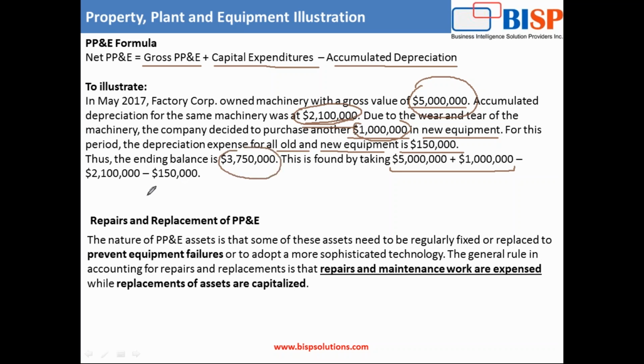3,750,000. In addition to this, as mentioned, there is a cost associated with repair and replacement of property, plant and equipment. The CapEx module has a provision to define repair and retirement as well. So this is an interesting thing. You should know where repair and replacement goes into your financial statement.